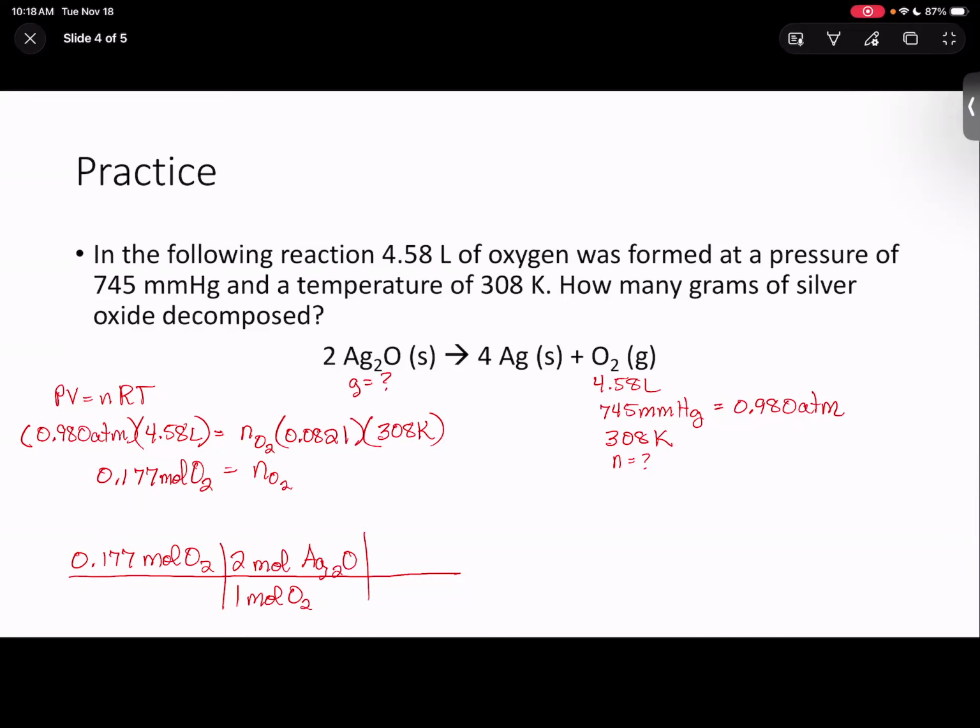Of course, I was asked for the grams of silver oxide, so I need to multiply this times the molar mass.